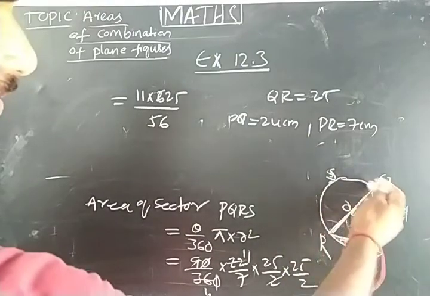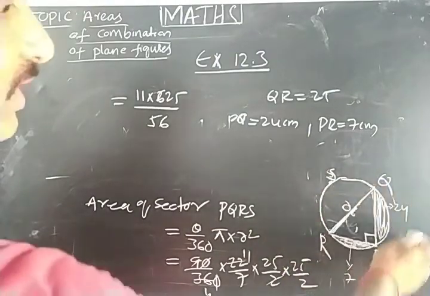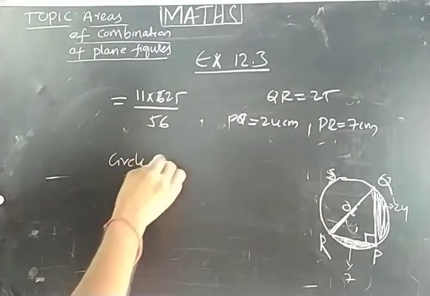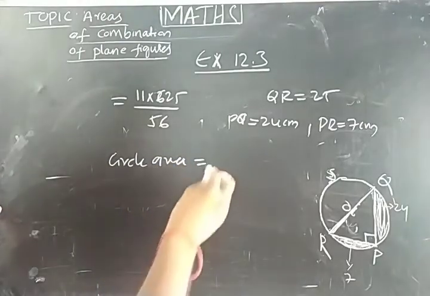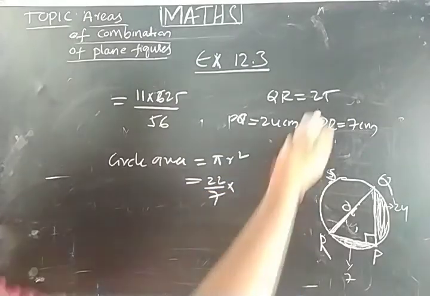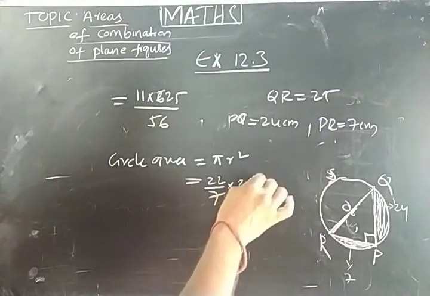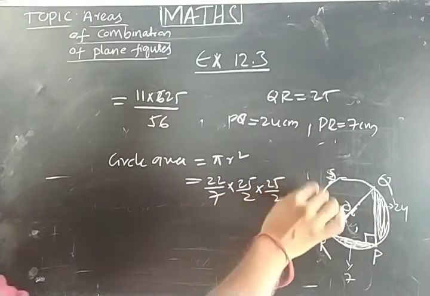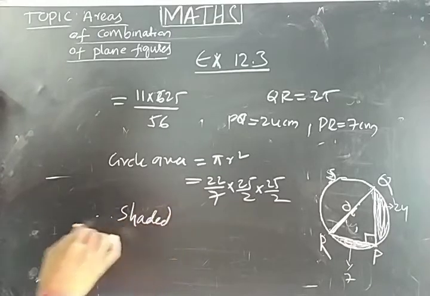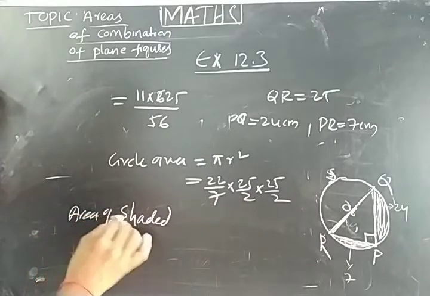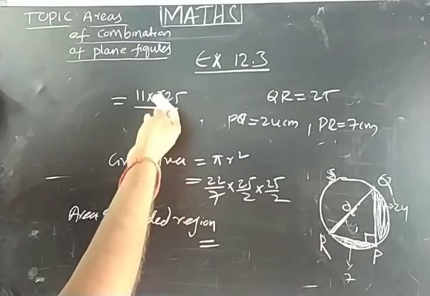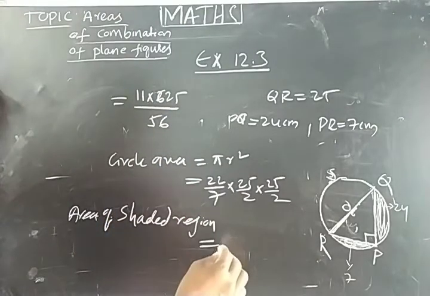Now I am subtracting the area of the sector from the circle area. What is the circle area? Circle area equals pi r square, pi is 22 by 7, r square. What is r? Half of 25, so 25 by 2 into 25 by 2. Therefore, area of the shaded region is equal to the circle area minus the sector area.